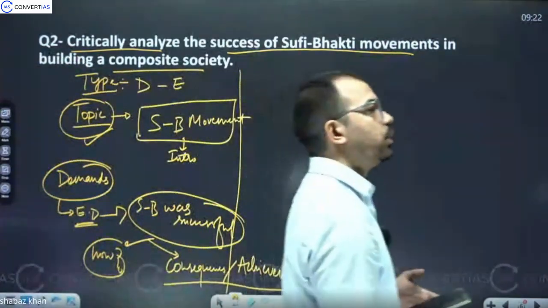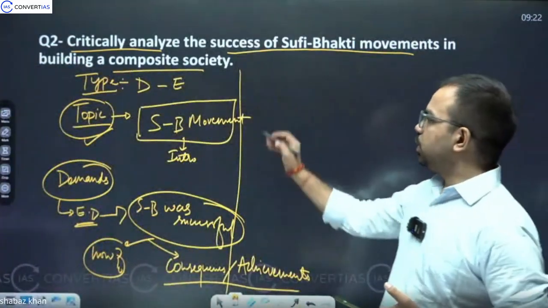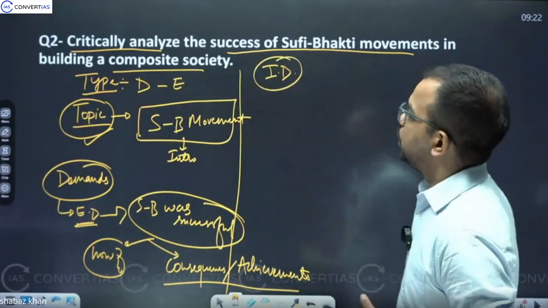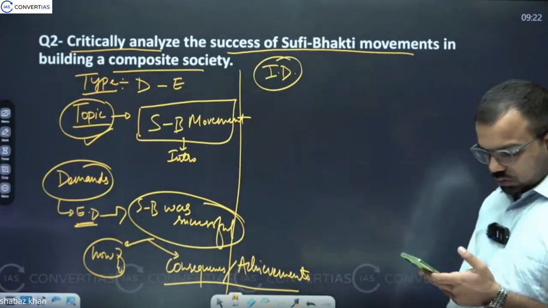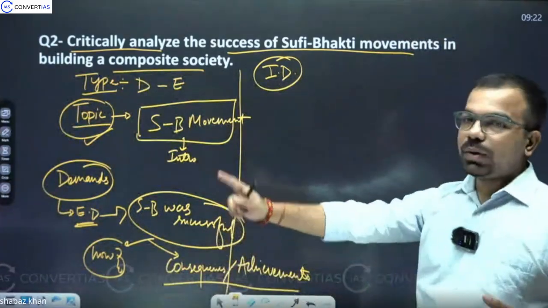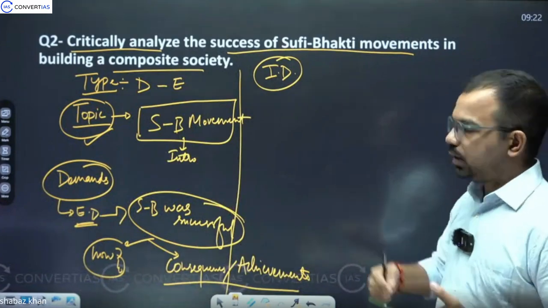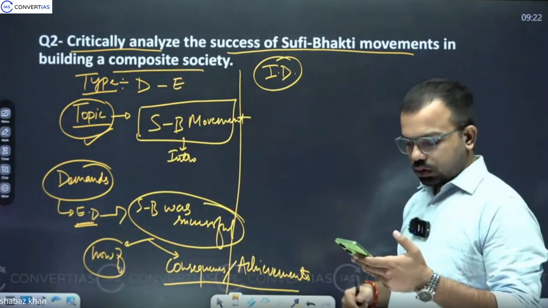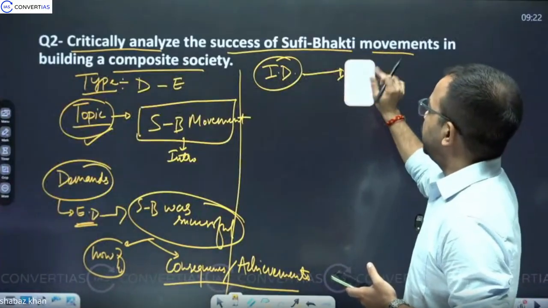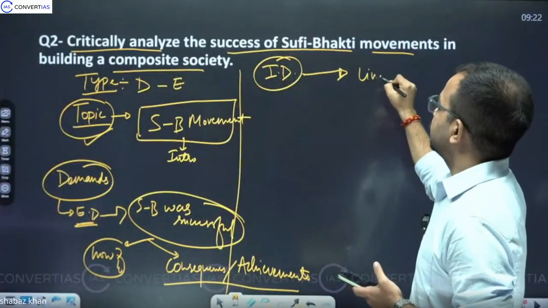Now do tell me the implicit demand. Cause and effect. Yes, but after cause and effect in critically analyze, what more do we write? Can we write its limitations?